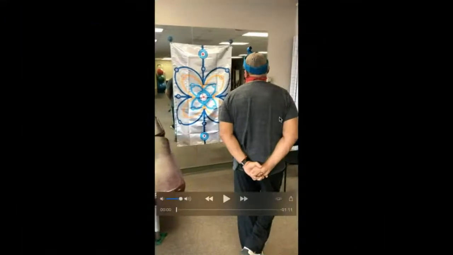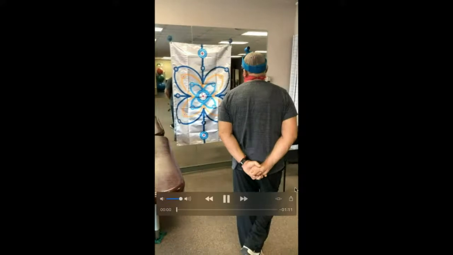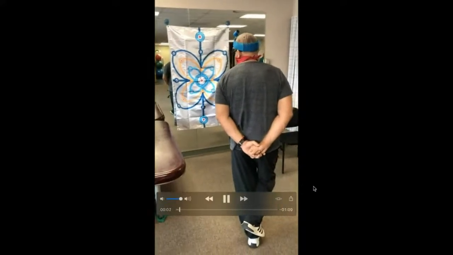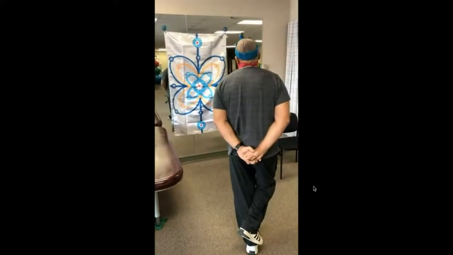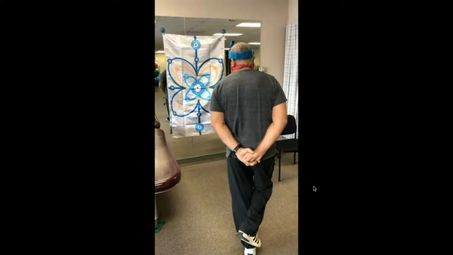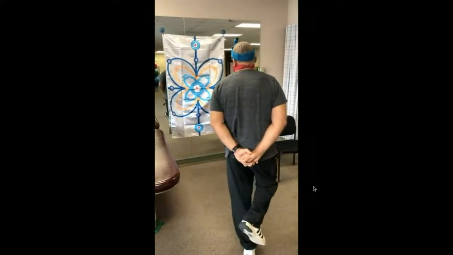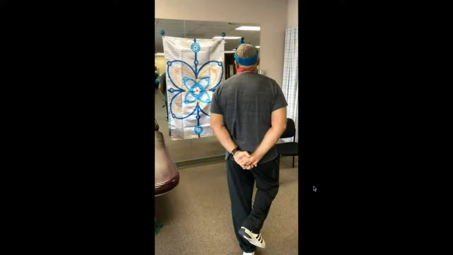Something like this with single leg stance. You'll notice down here at the bottom, and he has the laser on his head, and he's doing some motor control things in a single leg stance. So increasing his balance response while he's going through motor control actions at his head neck region, right?